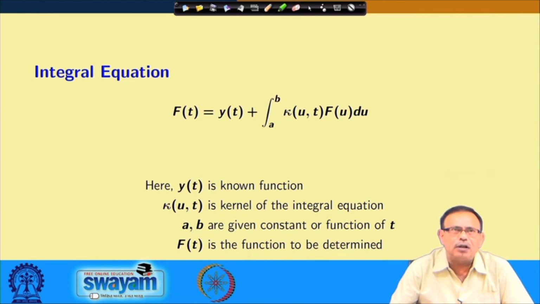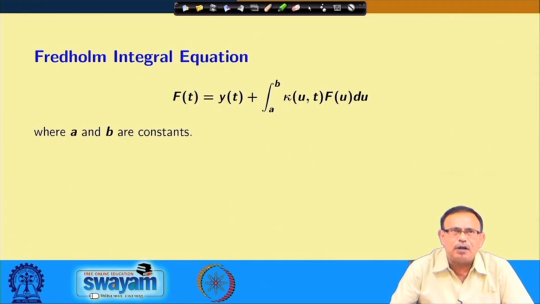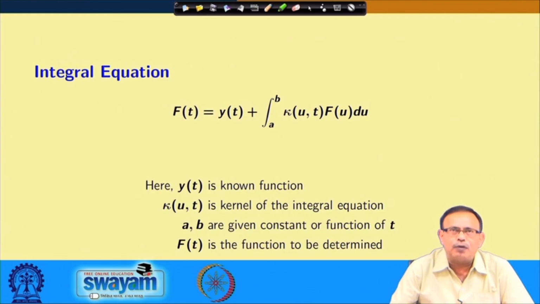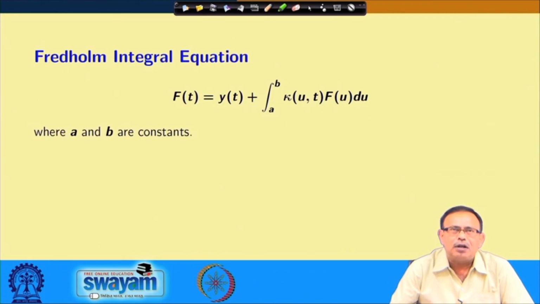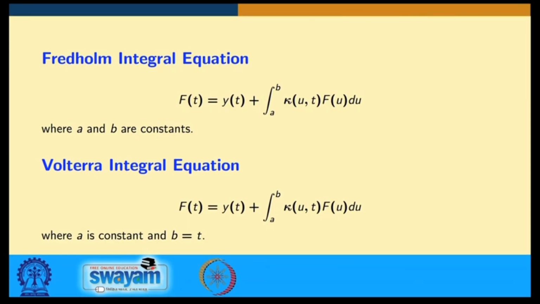Various kinds of integral equations are available. One is the Fredholm integral equation. It takes the form f(t) equals y(t) plus integral from a to b of k(u, t) f(u) du, where a and b are only constants. There is another type which we call the Volterra integral equation.